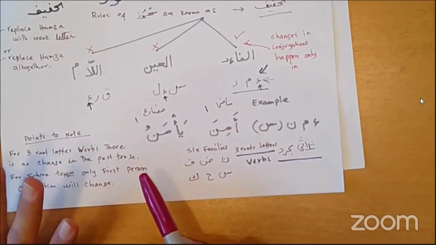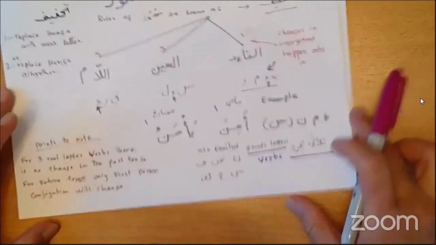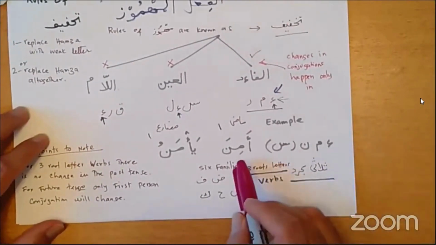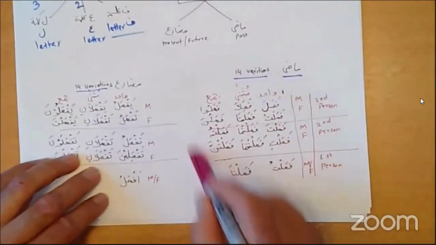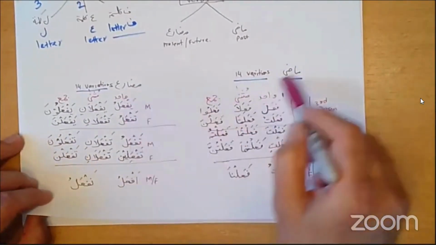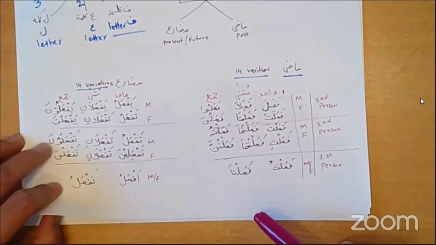Now, what is our goal? Why are we learning these weak rules? We are learning because when we make the gardan, the gardan has to have 14 variations. Madi has 14 and mudare has 14. What was the good news?